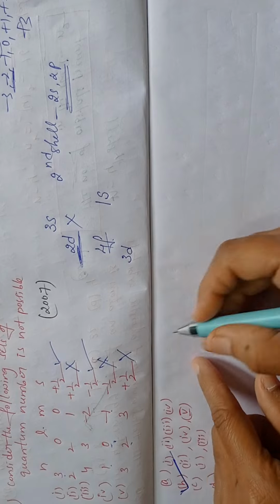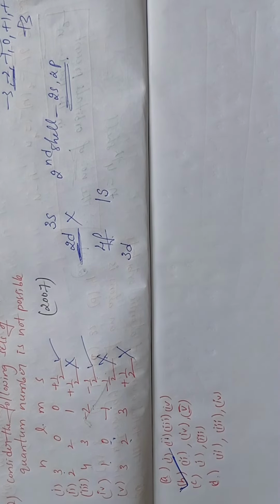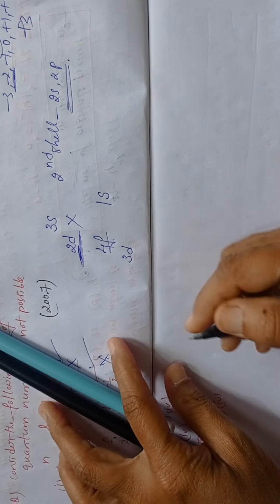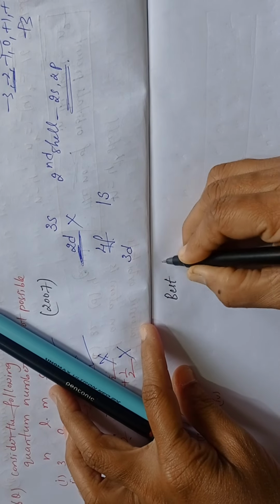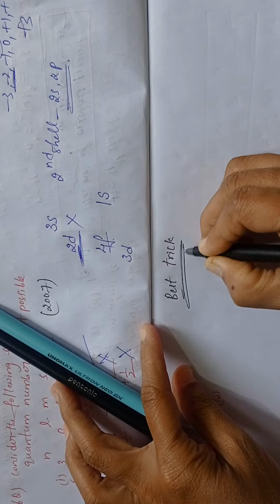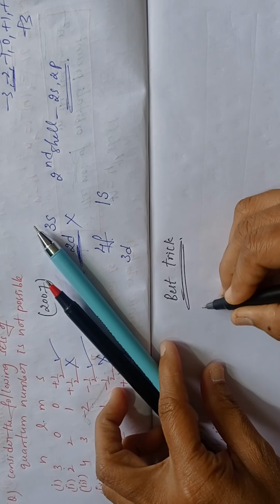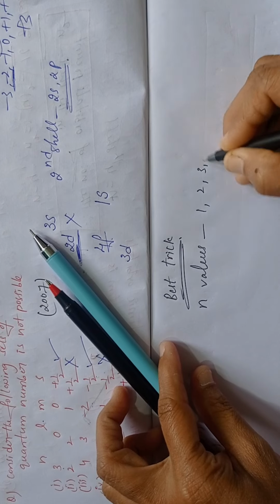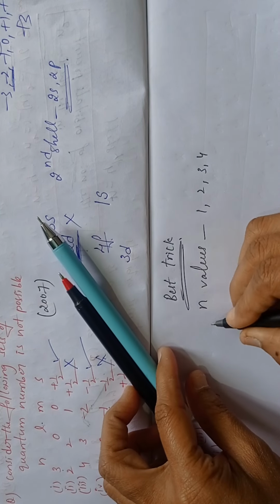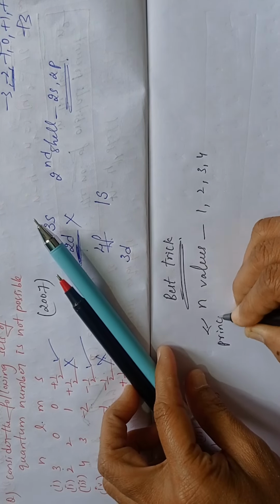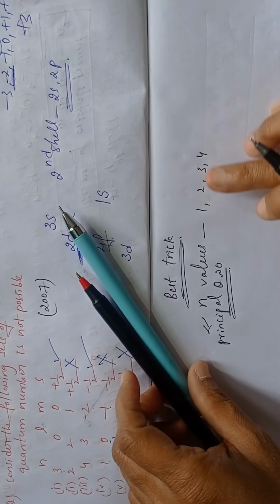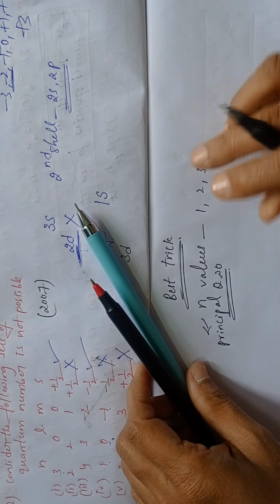See here, the best trick I am going to discuss. With this, you can easily calculate all these questions. So the n values: what are the n values, students? 1, 2, 3, 4. This is the principal quantum number, which indicates the shell number.